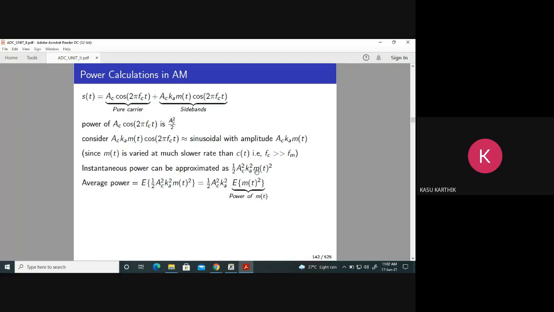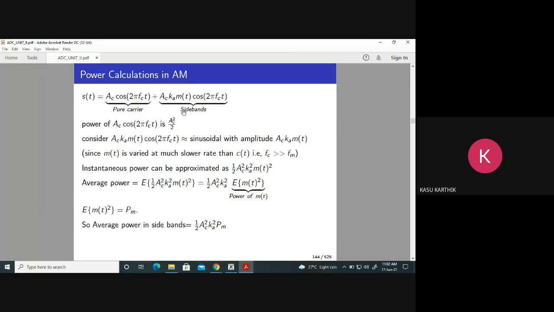That is some kind of random signal. What is the expectation of m(t) whole square? Generally, it is called power. So the expectation of m(t) whole square is Pm. What does Pm stand for? Power of m(t).